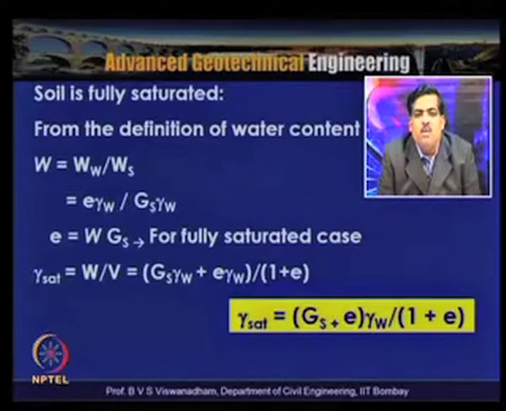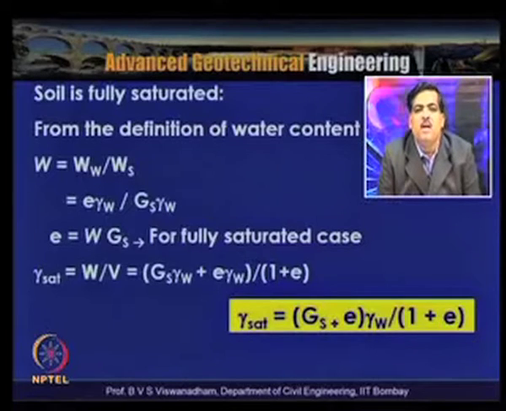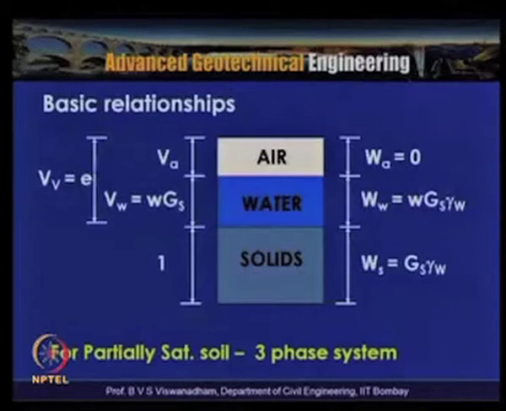So, e, the void ratio, is nothing but water content times the specific gravity of the soil solids for a fully saturated case. So, for a fully saturated case, gamma sat, the saturated unit weight of the soil mass, is nothing but W by V, which is Gs gamma w plus e gamma w by 1 plus e. So, the relationship we can write is that gamma sat is equal to (Gs plus e) into gamma w divided by 1 plus e.